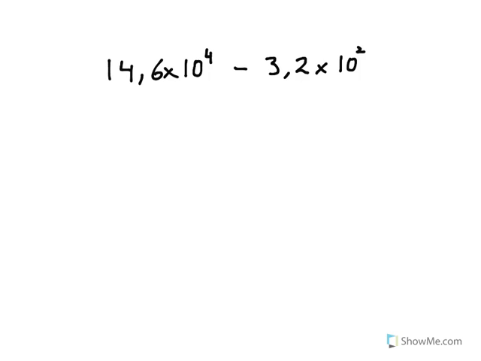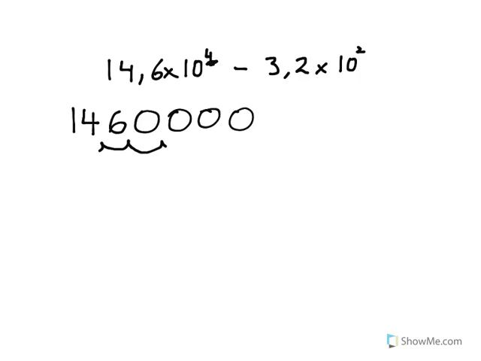Same thing here with subtraction. Here we've got subtraction, so we are not allowed to leave it in scientific notation. We have to take it back to its original form. So 14.6 times 10 to the power 4. Let's put in lots of zeros here and remember the technique. We have 4 times 10 to the power 4, so we have to move our decimal point 4 places backwards. 1, 2, 3, 4.